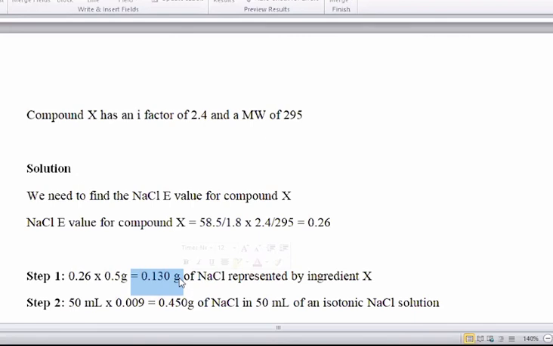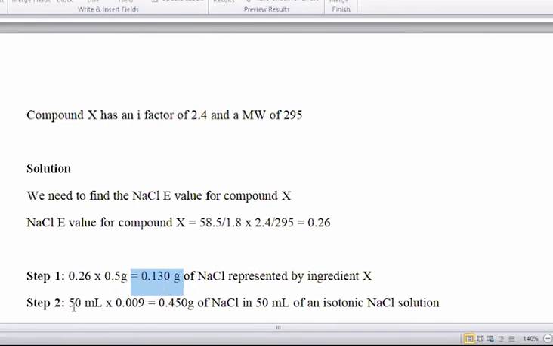Then step 2. 0.9% means 0.9 grams in 100 mL. X in 50 mL. It's the same as when you do your proportions, the same as 50 mL multiplied by 0.009. Why is this 0.009? Remember, 0.9 in 100 mL, so it's the same as 0.009.